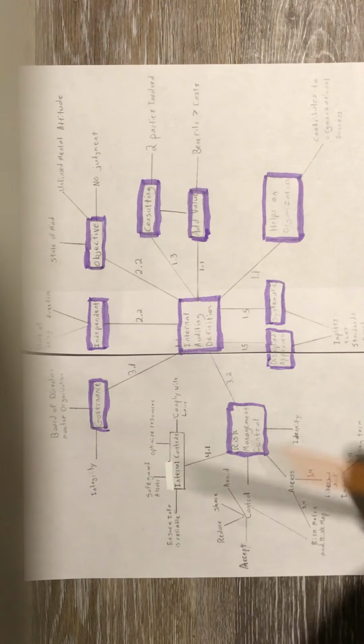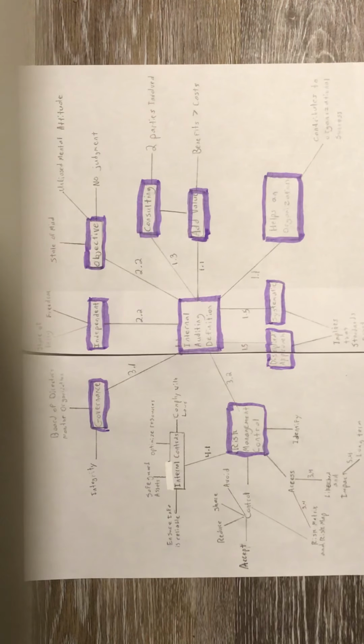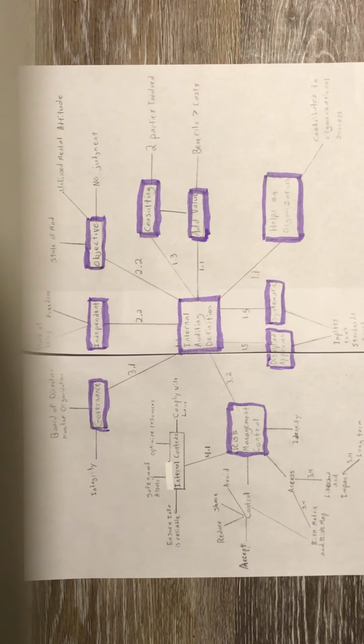Now moving on to the last key term in the definition, which is governance. Governance is the way the board of directors direct and monitor the organization towards achievement of objectives. The definition, straight from the book, is the combination of processes and structures implemented by the board to inform, direct, manage, and monitor the activities of the organization toward the achievement of its objectives.